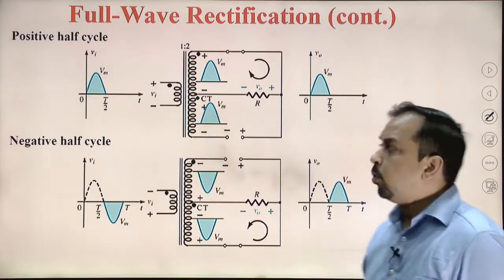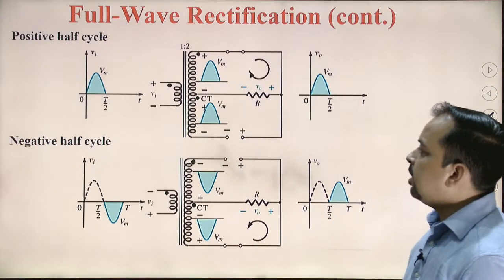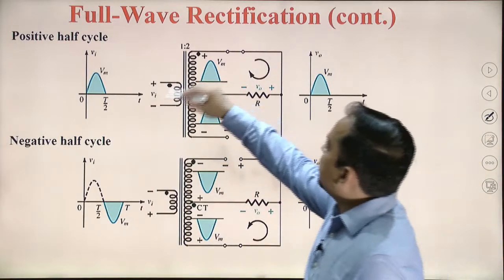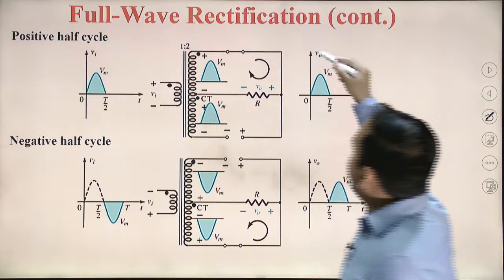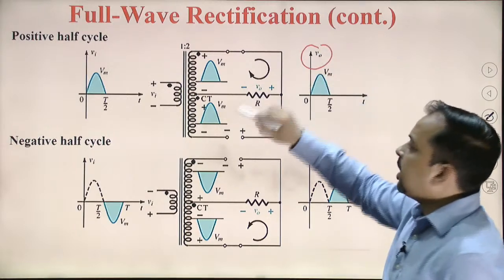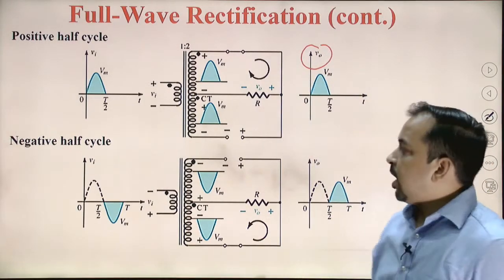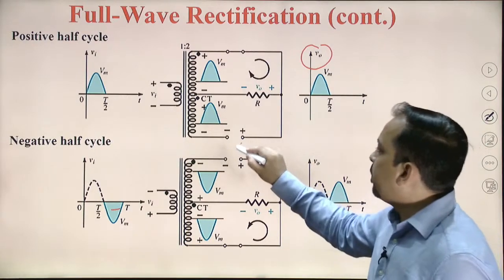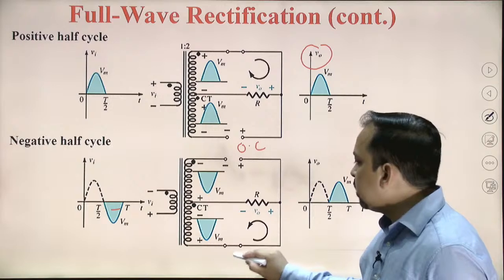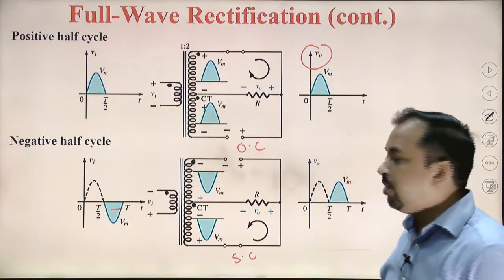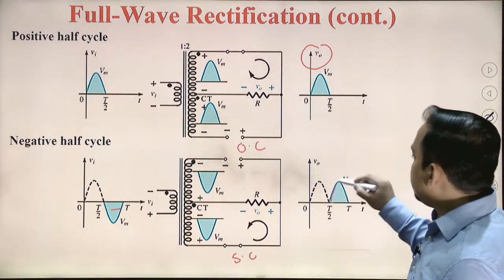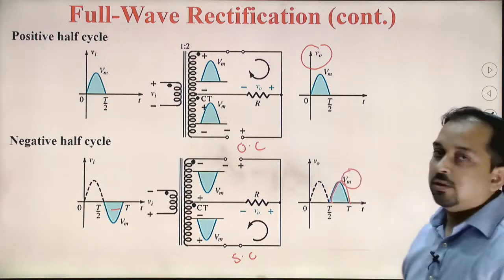So we have both the cases now, positive half cycle as well as negative half cycle. As we apply the positive half cycle, we get an output which is the same as the input signal, and when we apply a negative half cycle, diode D1 is open circuit and diode D2 is short circuit, and again we can calculate the value of V0. The peak value of V0 is Vm.